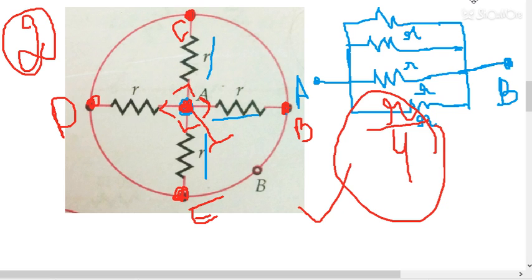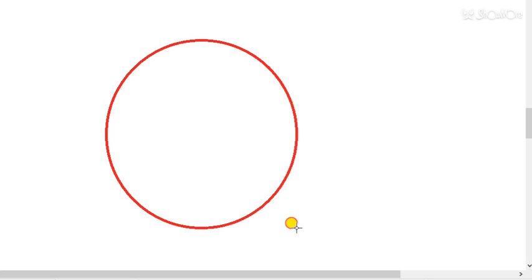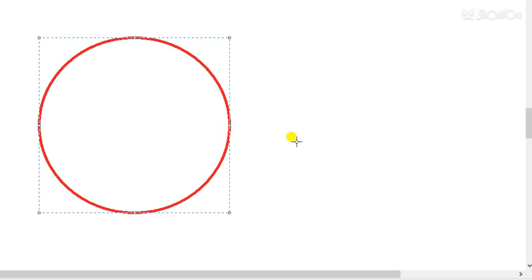Now I will take 1 to 2 more questions of such type, so that you can understand it better. So now I am taking one more question. I will draw here. Okay, so this is the circle.